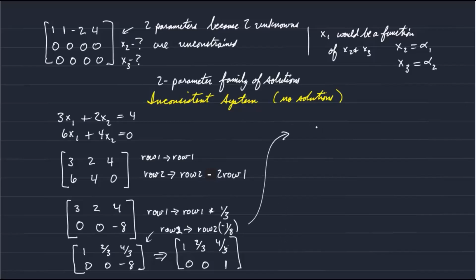And the equations that we get are x1 plus 2/3 x2 is equal to 4/3, and the bottom equation tells us that 0 plus 0 is equal to 1. And this is not true.